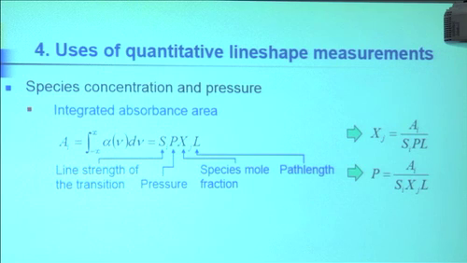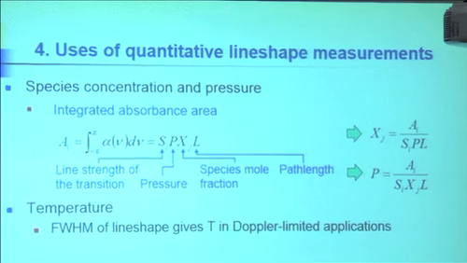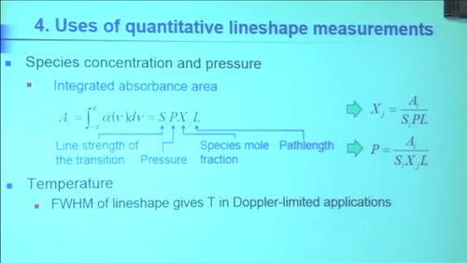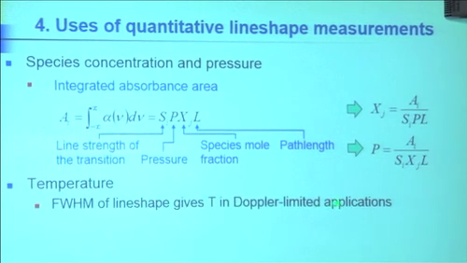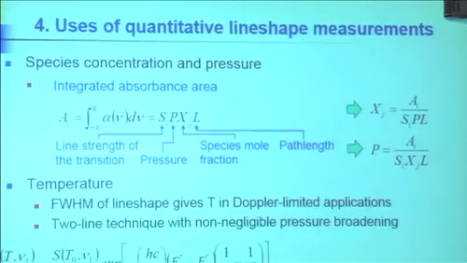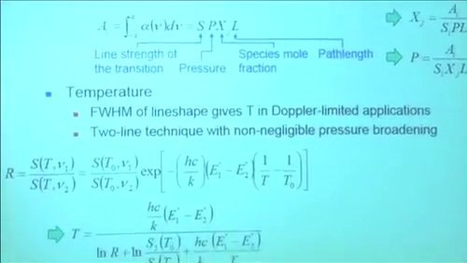That's how you solve for mole fraction. And by the way, when you do it that way, it's independent of the line shape as long as you integrate it over the line shape. But if you're going to park it at line center so you can make fast measurements, then you have to know the line shape function. How can we get temperature? Get temperature multiple ways. You can get temperature by looking at, if the Doppler broadened, you can look at the width. But that's the square root of T, so that's not a good thing to do.